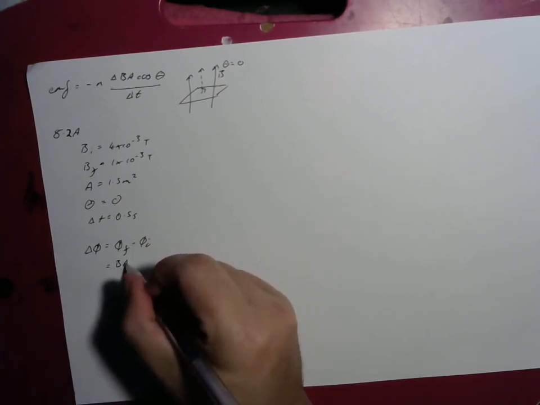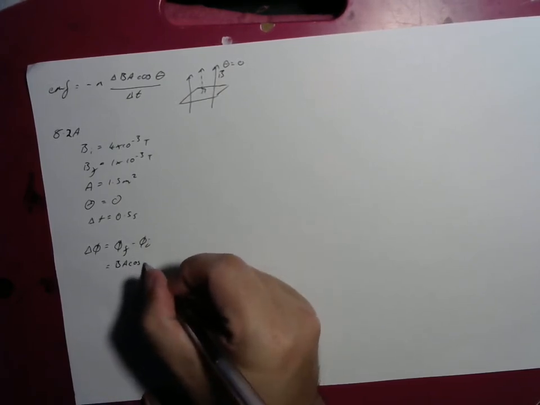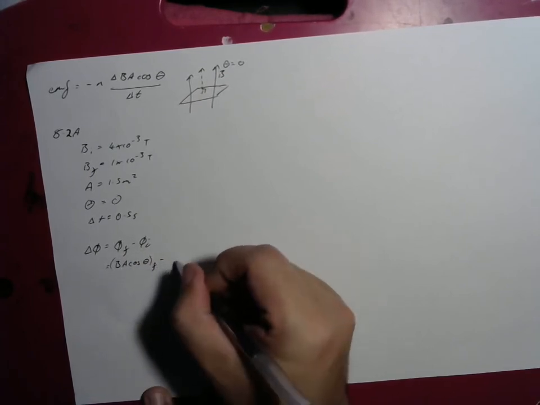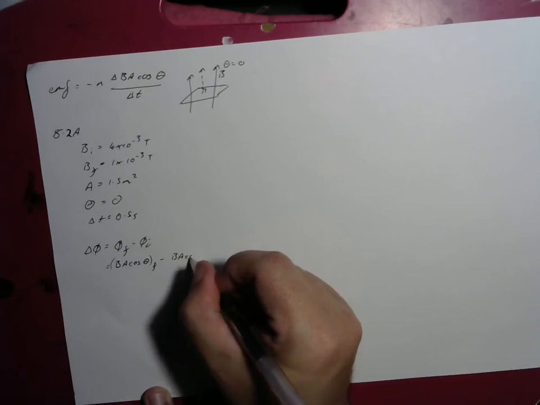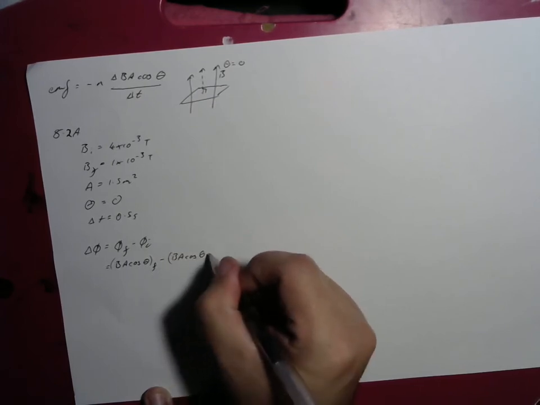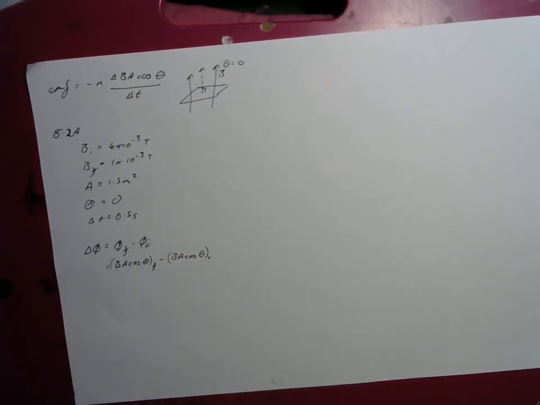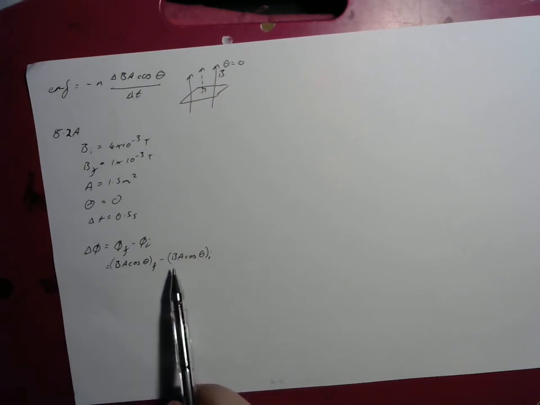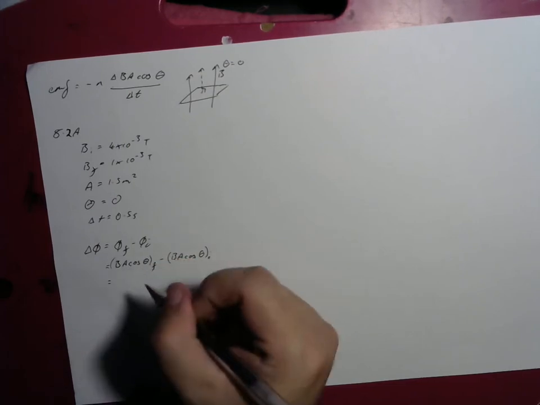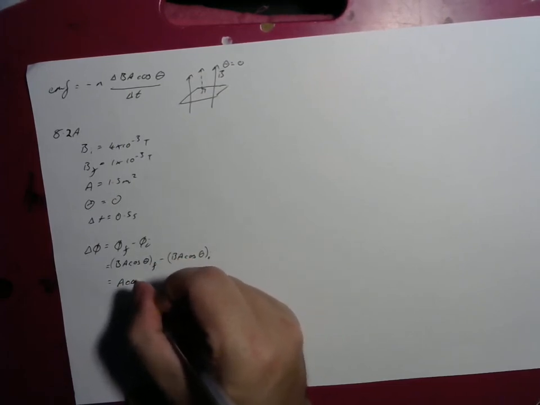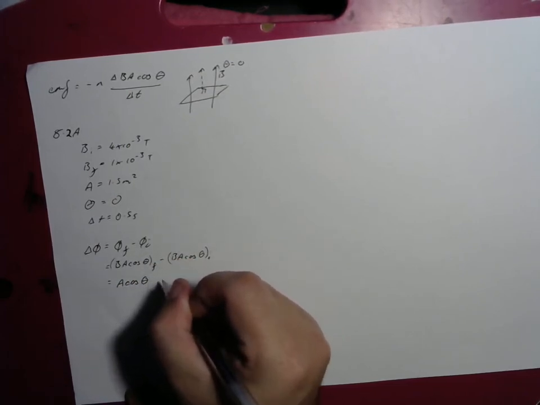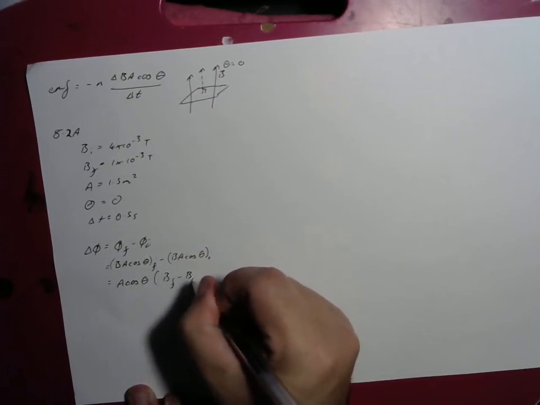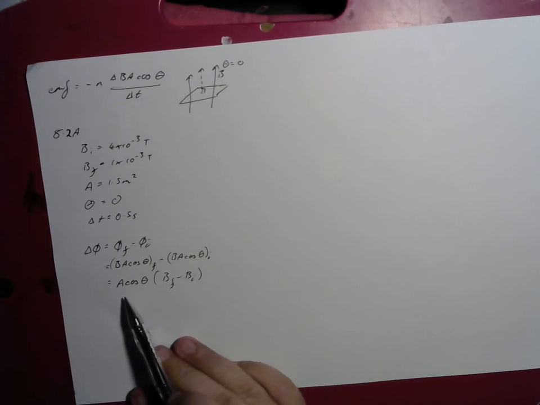So that's going to be our B A cos theta, just put brackets around that, final, take away B A cos theta initial. Now, A and cos theta are still the same, it's only B that's different. So let's do a little bit of factorising here. A cos theta times B final, take away B initial.